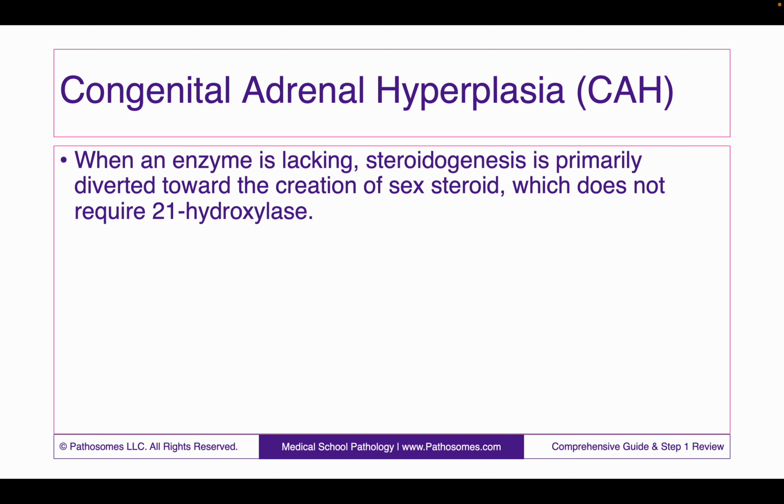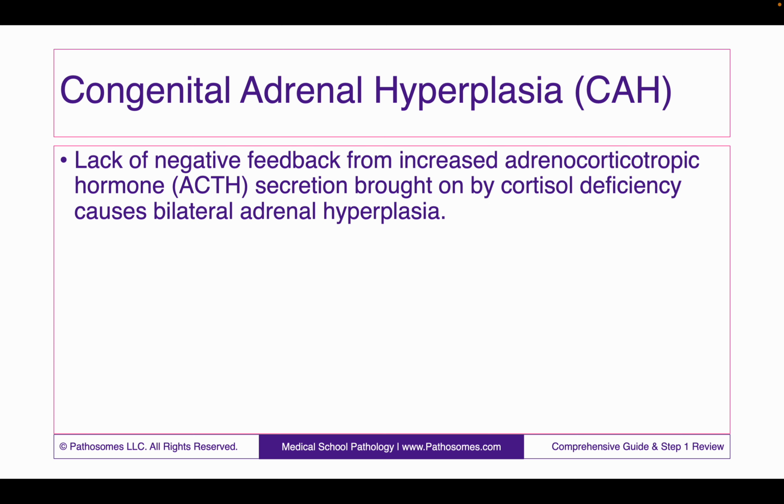When an enzyme is lacking, steroidogenesis is primarily diverted toward the creation of sex steroid, which does not require 21-hydroxylase. Lack of negative feedback from increased adrenocorticotropic hormone secretion brought on by the cortisol deficiency causes bilateral adrenal hyperplasia.